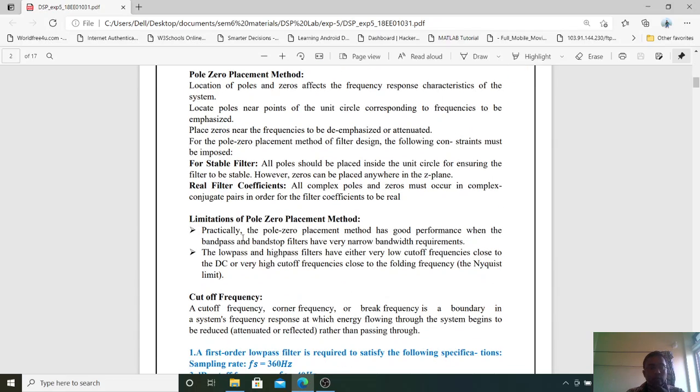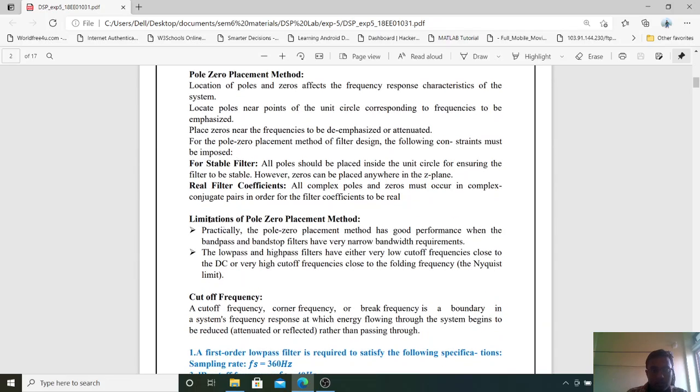While designing the filter, when we want to put zeros, we put a zero on the unit circle at the corresponding frequency, and when we put a pole, we put that pole just inside the unit circle at that corresponding frequency. We put it just inside the circle to maintain stability.